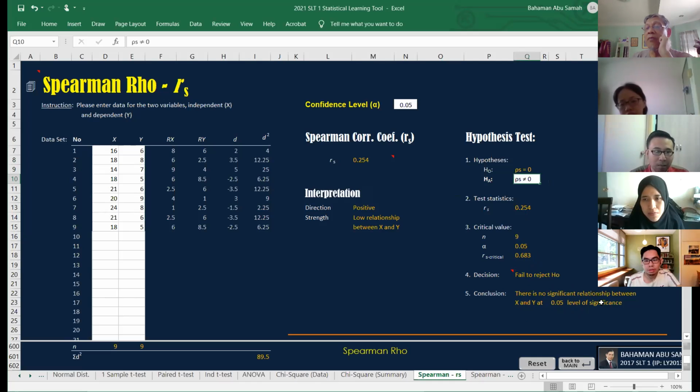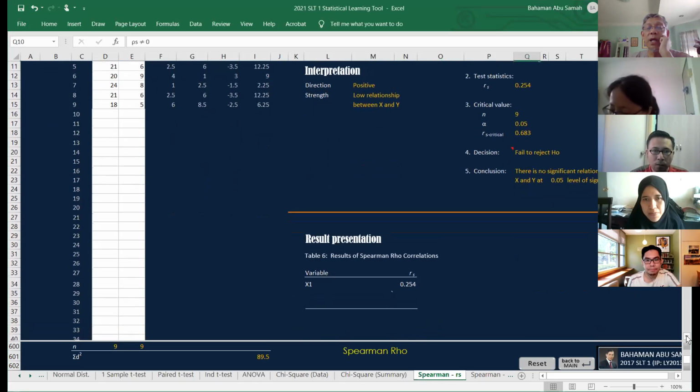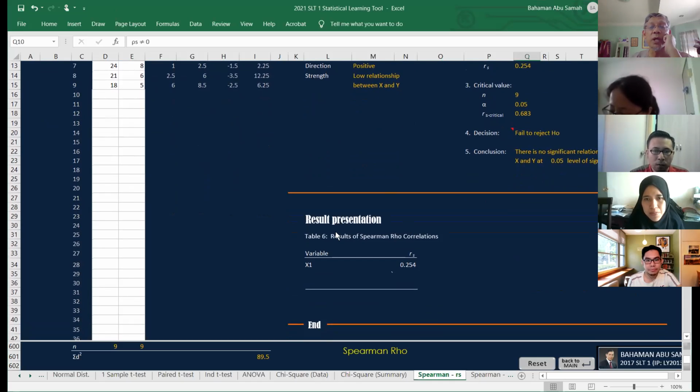And then if you want to present your result, we can present the result. Where is my result just now? SLT1. Okay, need to move this one. If we were to present the result, we can just move a little bit down. And this is how we present the result. Here we have a table, whatever the number, result of Spearman rho correlation, and then variable.